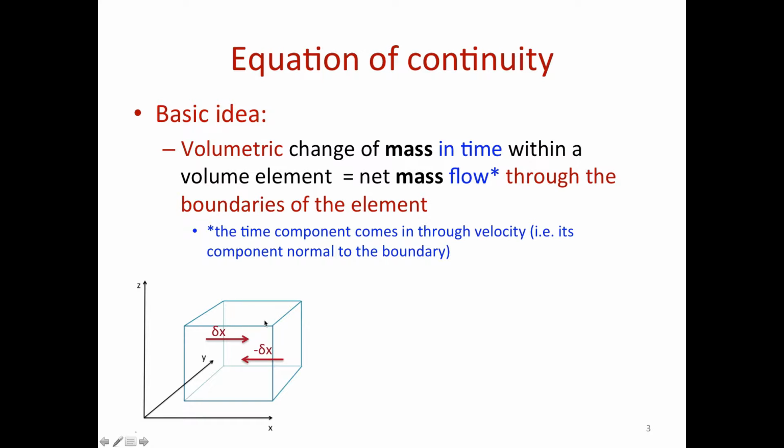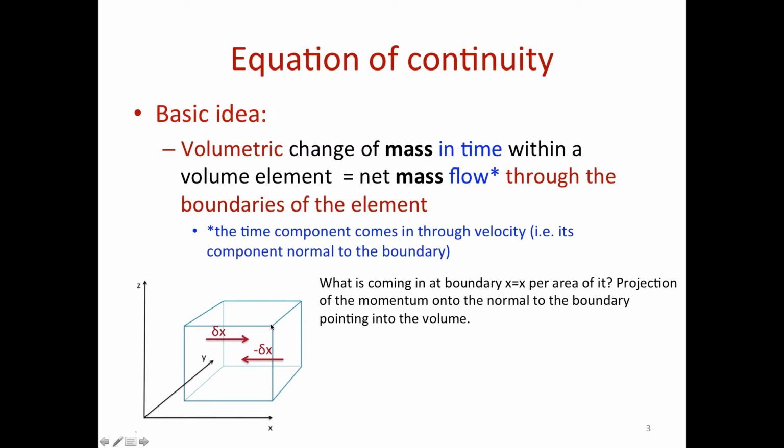On this upper boundary, no, I'm in z direction. So delta z and minus delta z, and then in y direction, that's this front and back side, I would have positive and negative delta y respectively.